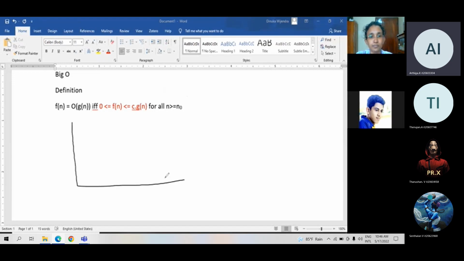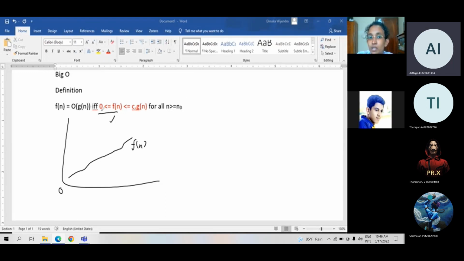If I draw it, it should be something like this. Just look at this. Think about your function f(n) like this. It's anyway greater than 0. It means this part is okay. In order to take the big O value, you have to take the second function g(n) and multiply that function with a constant.